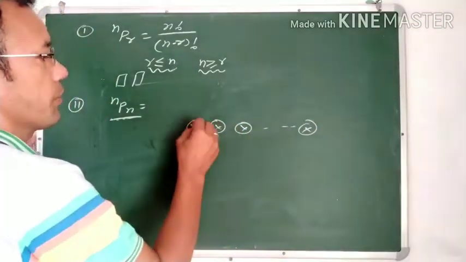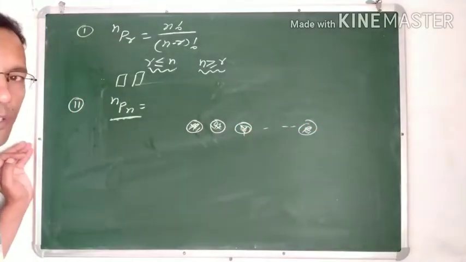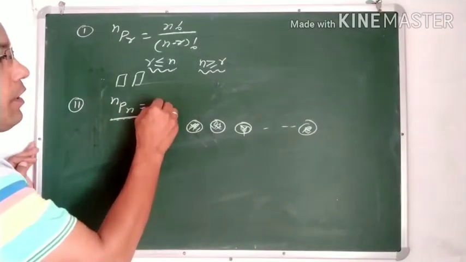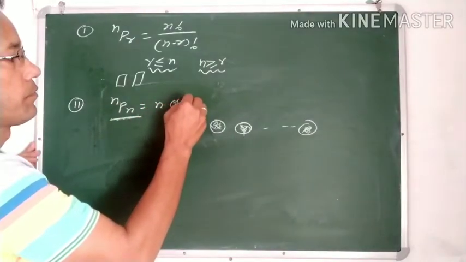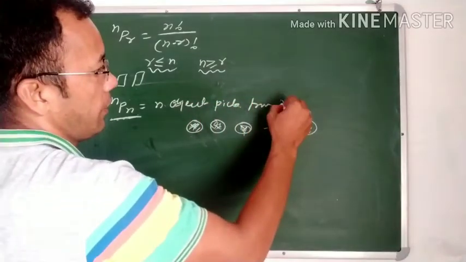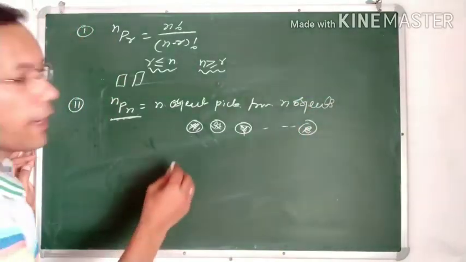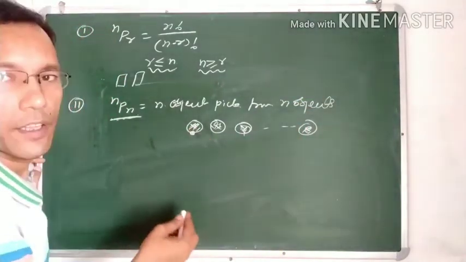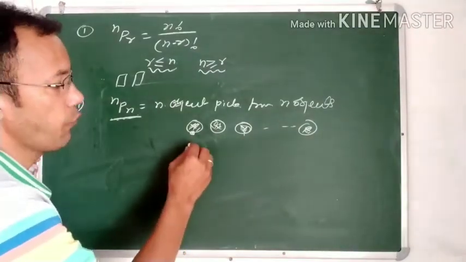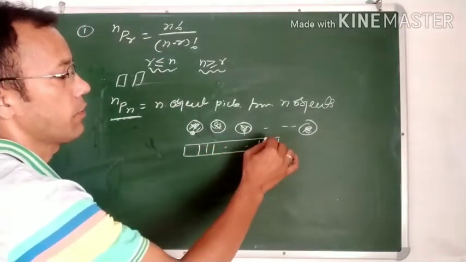We have n objects that are all different, distinct objects. nPn means n objects taken from n objects, right?